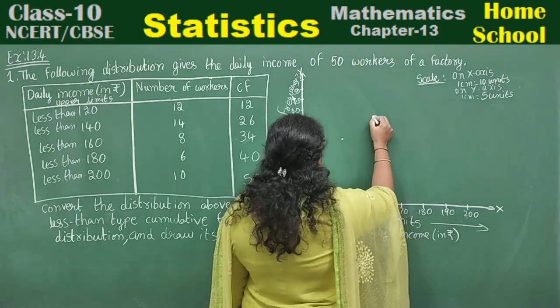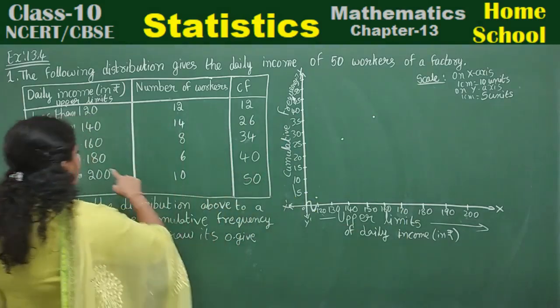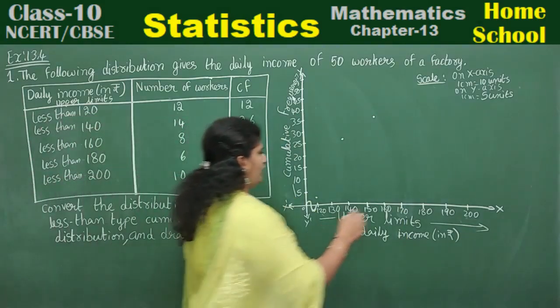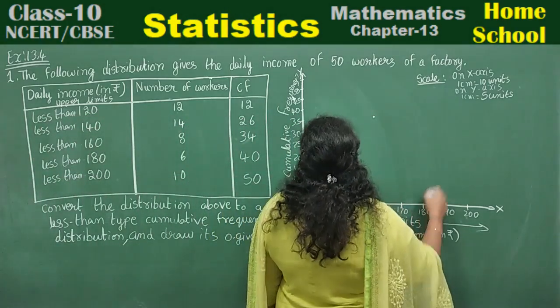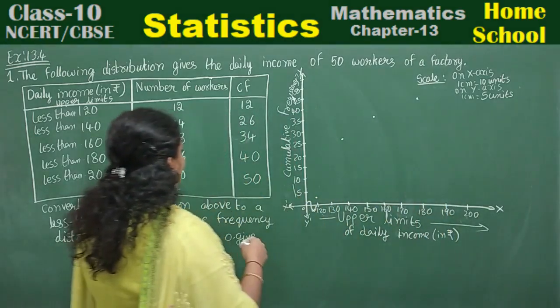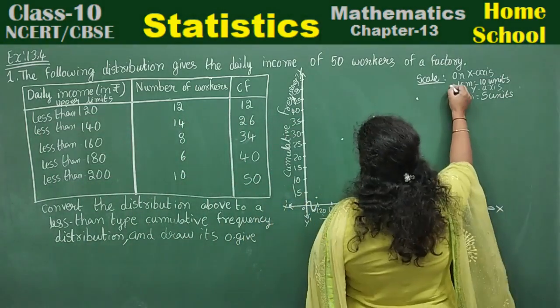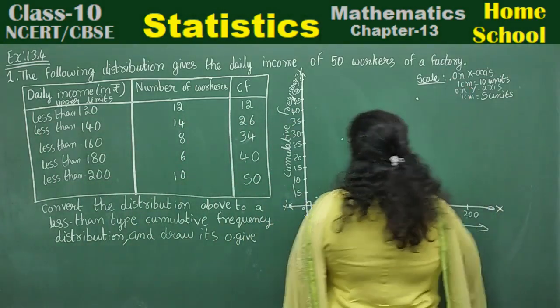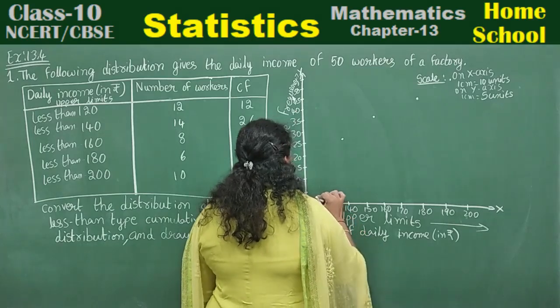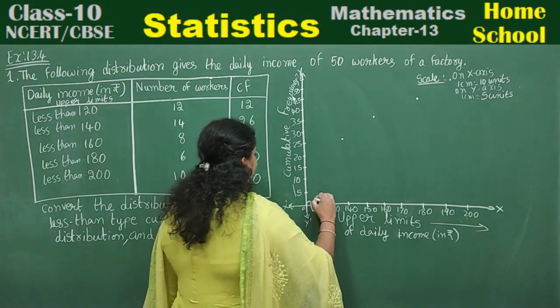Next, 180, 40. Next one, 200, 50. See here? Just try to join these points with a free hand.